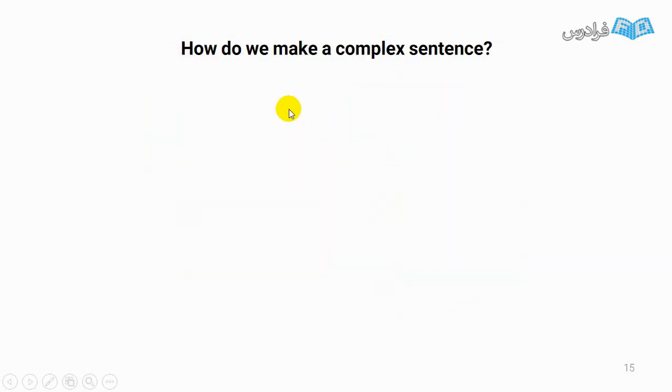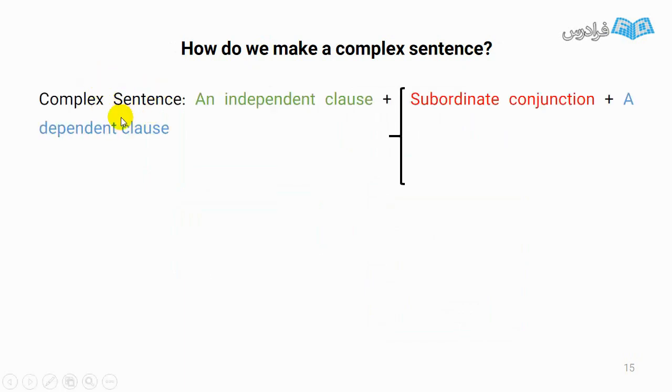Let's check how we make a complex sentence. Okay, it's not as complex as its name. We need exactly three parts: an independent clause, plus a subordinate conjunction or a relative pronoun, and a dependent clause.